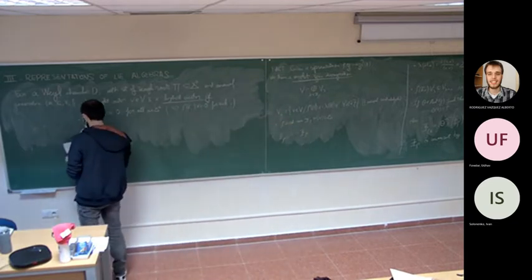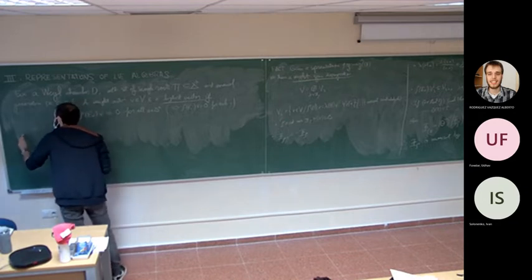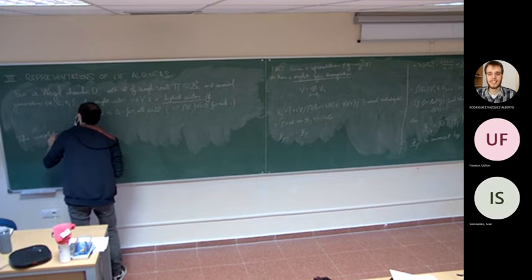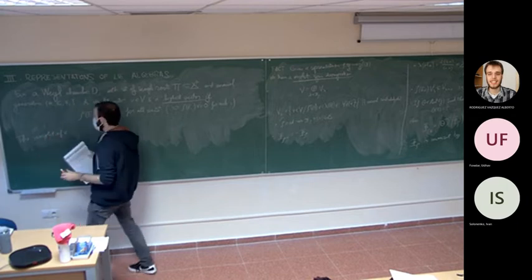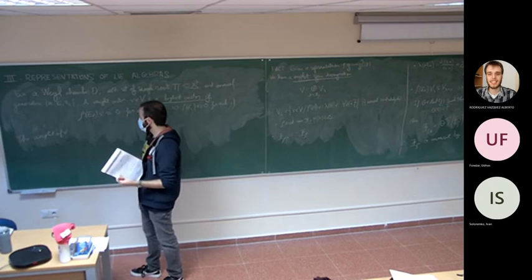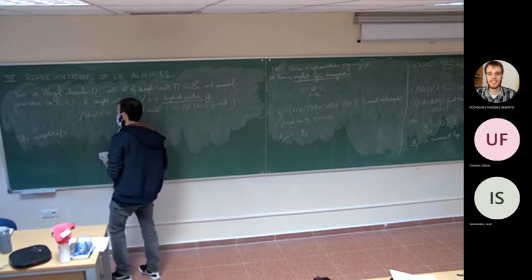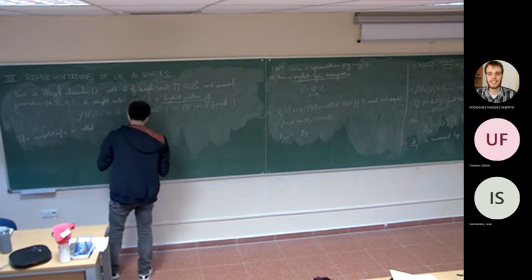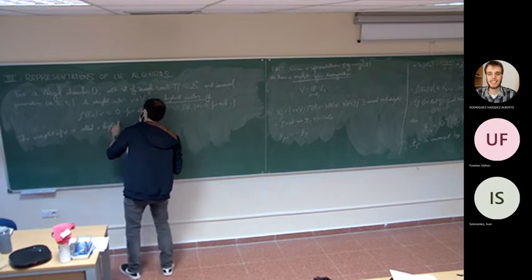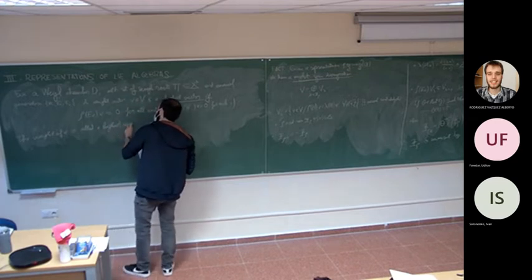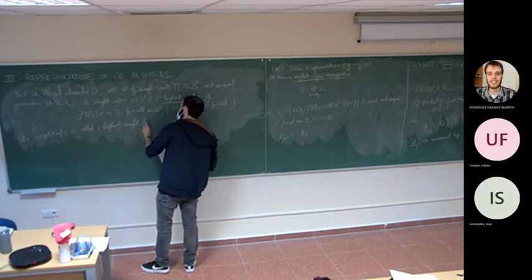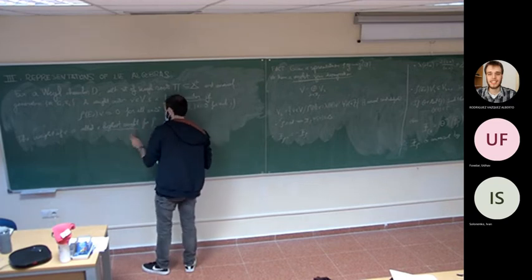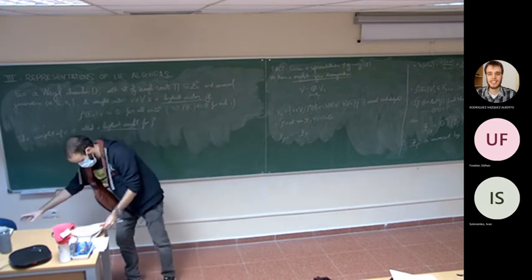The weight of V, that is the lambda such that V is in V lambda, is called a highest weight for the representation. Okay?